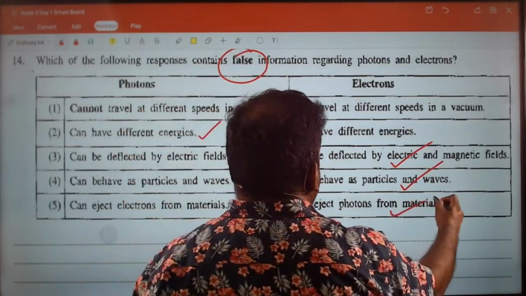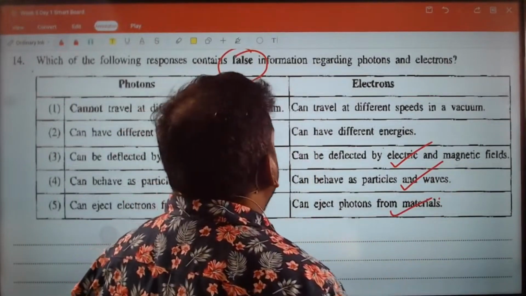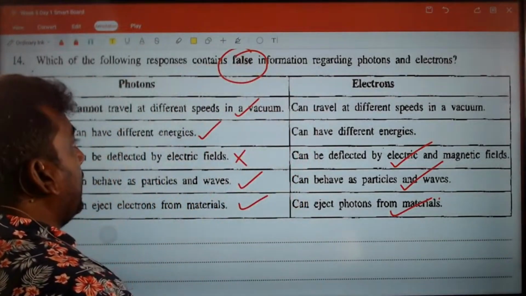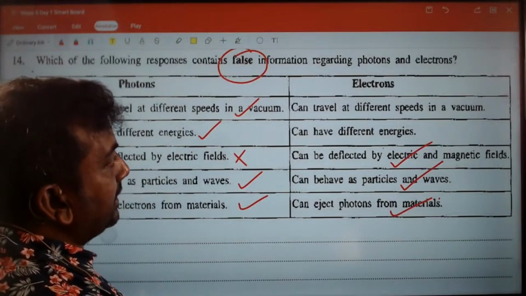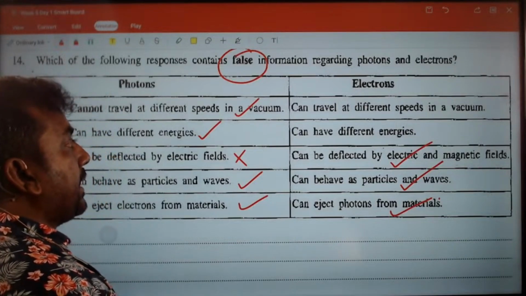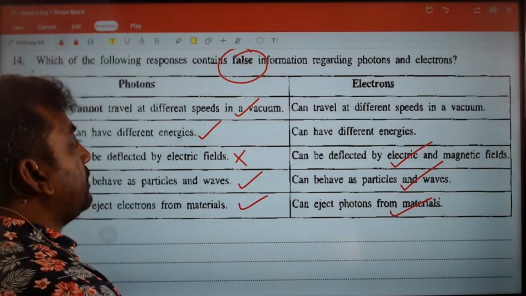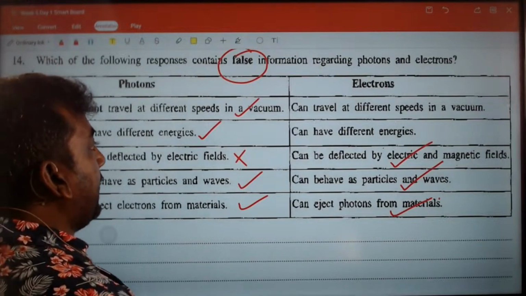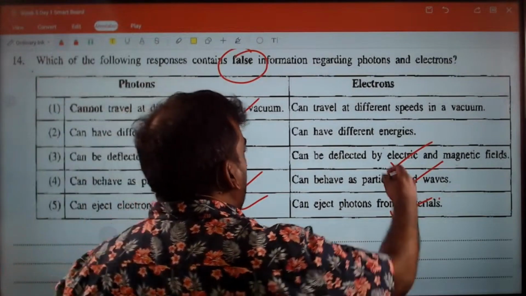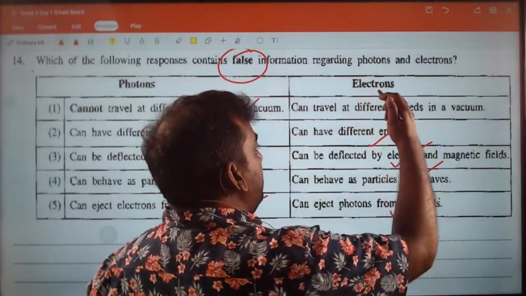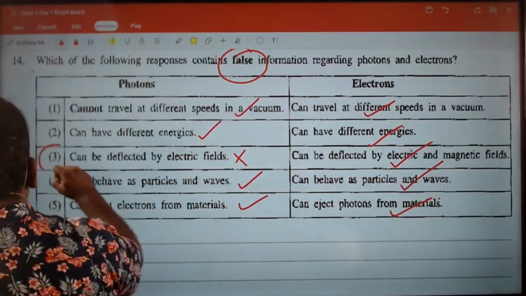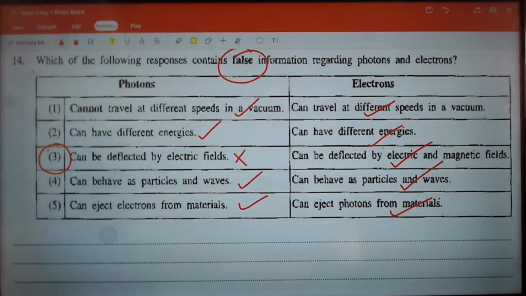Yes, X-ray formation. Can have different energies, yes, depending on the potential difference, kinetic energies will change. So one mistake is there only, in answer number 3.